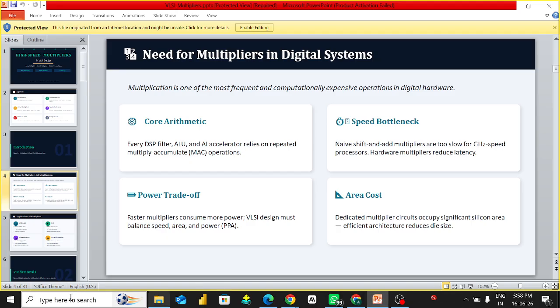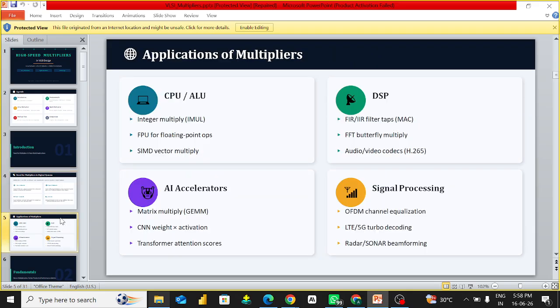Going to the next slide, applications of multipliers. Like I said, you are going to use these multipliers inside CPU, ALU, DSP, AI accelerator, signal processing, etc. Whenever the CPU performs an arithmetic operation, multipliers are used.